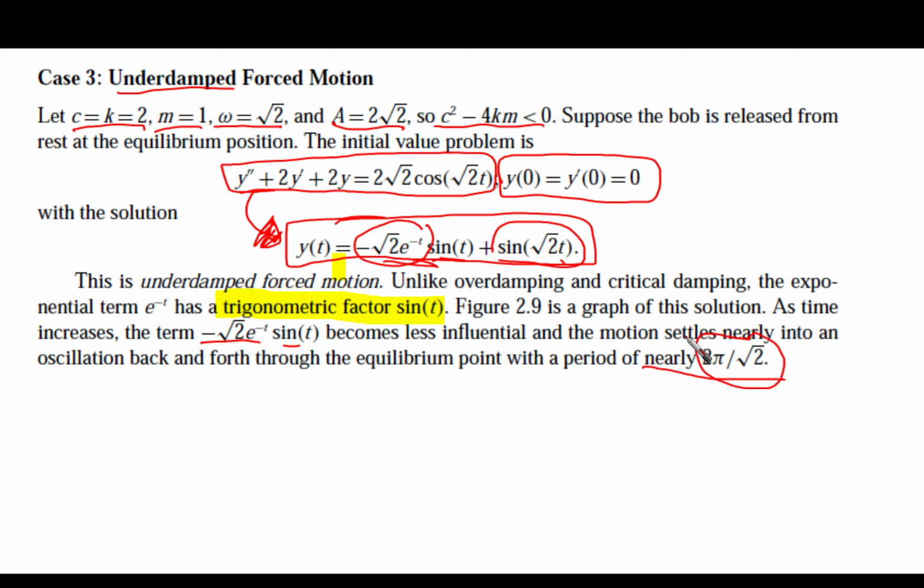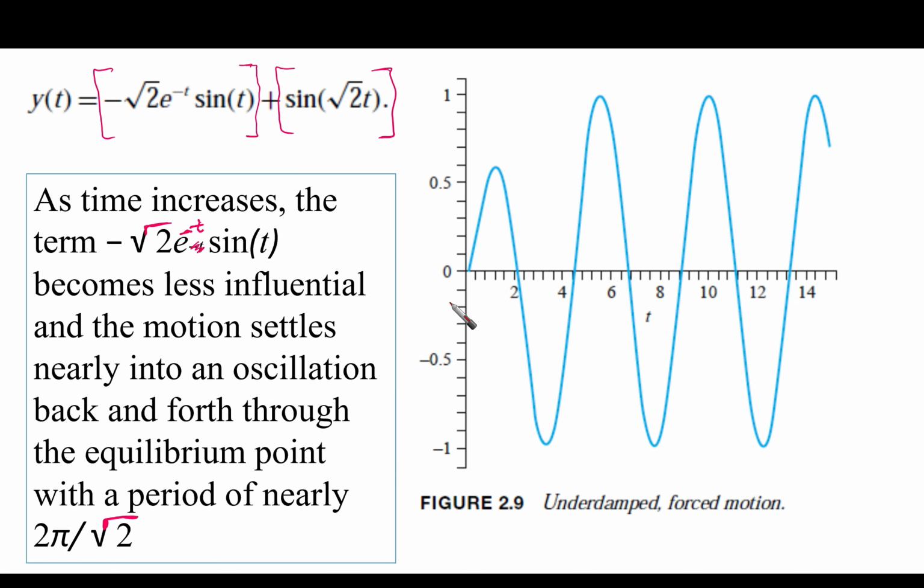Let us see this graph. This wording is very nice, but we can see the graph better. So here we have this term, and we have another term here. As time increases, this term would be less influential. It has an effect on the motion, but it will be less influential when t increases.